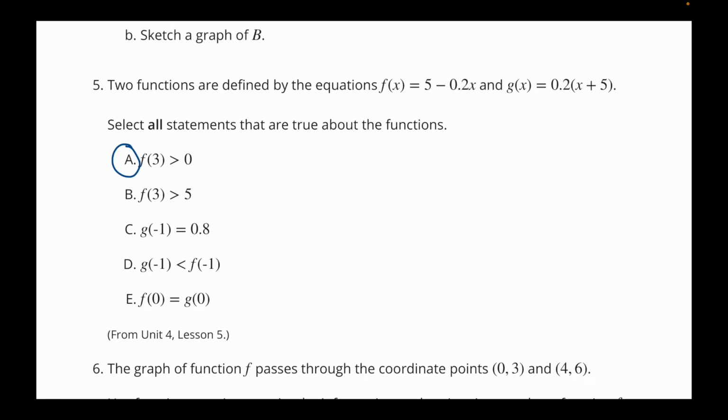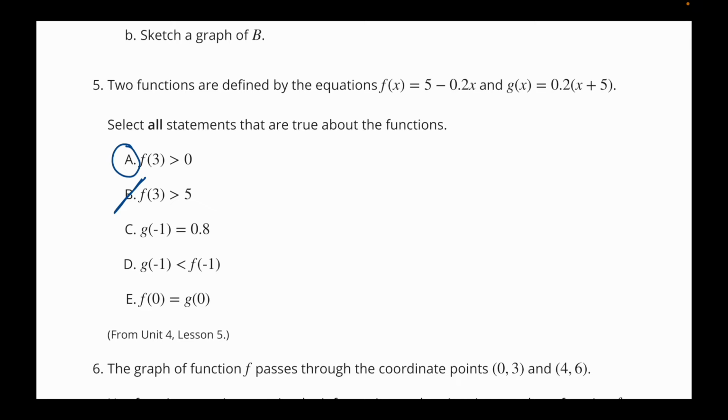Now, is it going to be greater than 5? Since we're starting at 5 and then subtracting things from it, B is not correct, because the most my function value could be, if I was using positive numbers like 3, is 5.